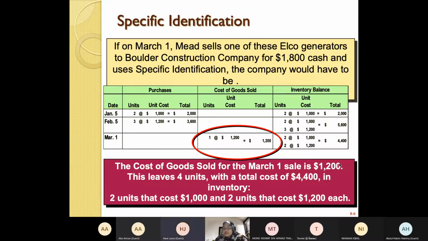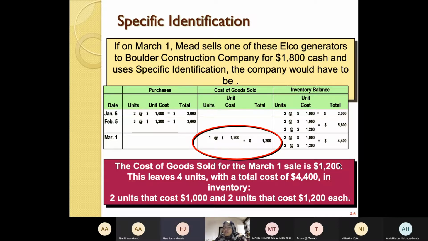Oh, okay. So basically, it means that I did not sell any of the items before, so my first sale was on March 1st. Yes. Oh, okay, I got it now. So that's why on March 1st, the balance is only 2 and 2: 2 units that cost you 1,000 each, and another 2 units that cost you 1,200.